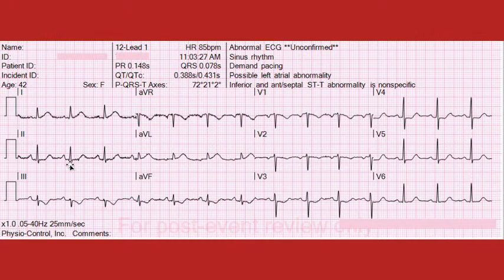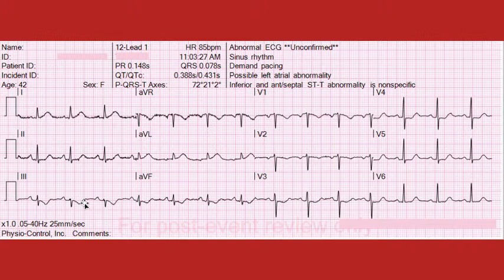And over here in lead 2, if you're going by technicality off of the PQ segment, then the ST segment is actually kind of baseline with it, whereas below it in leads AVF and 3 you have significant downward sloping ST segment depression. So this ECG is pathognomonic for acute myocardial infarction.